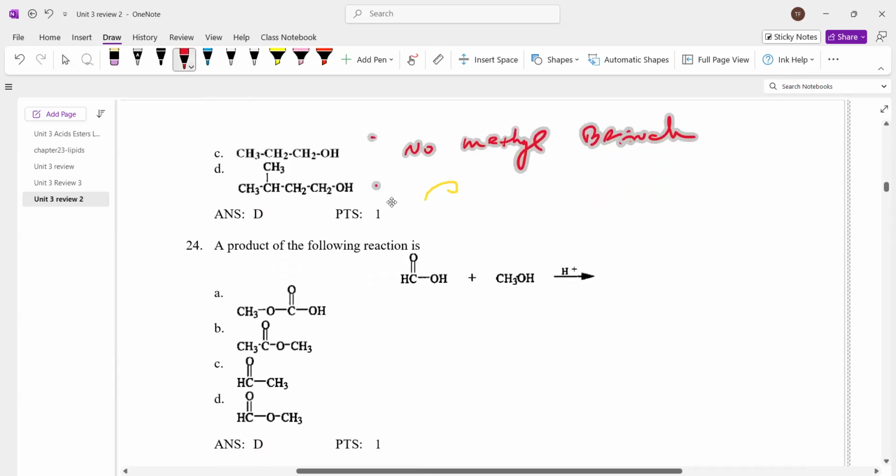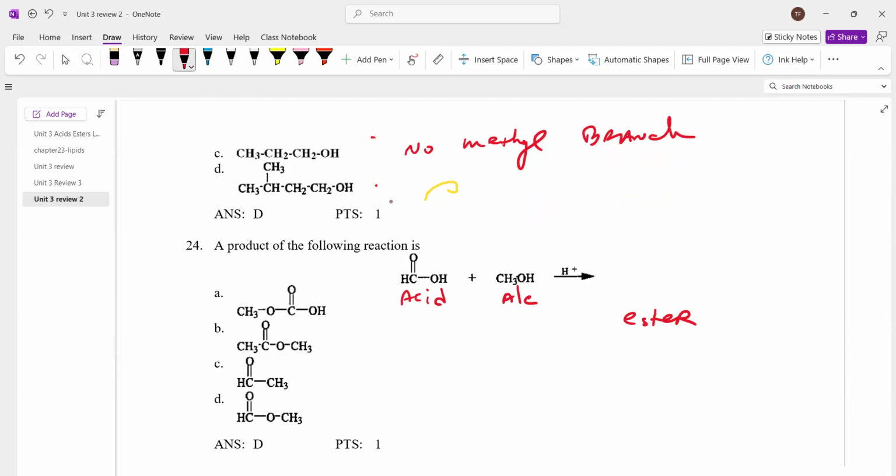So here we have acid, alcohol, acidic condition gives us an ester. Okay, so what does that look like? Well, line drawing wise, it's kind of weird. It looks like this.